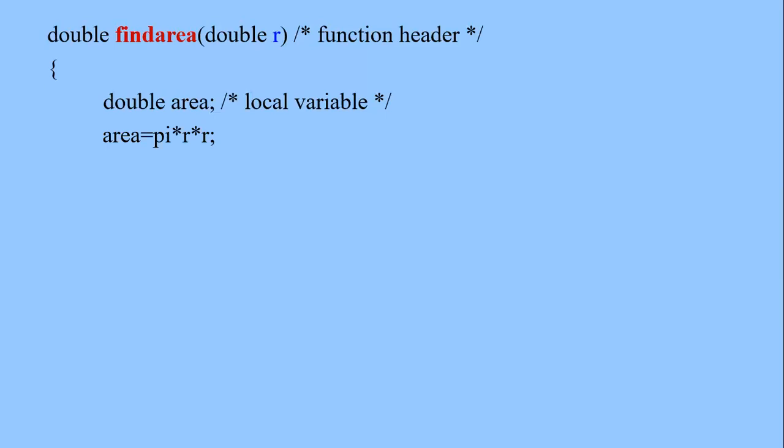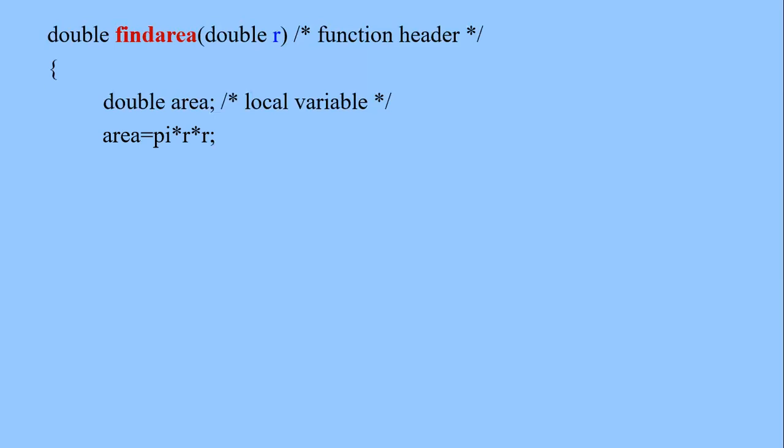And therefore, it is of course a constant. That value is supposed to remain without changing. That memory location that was initialized to 3.142 is supposed to be that way. So we can call it a global constant.